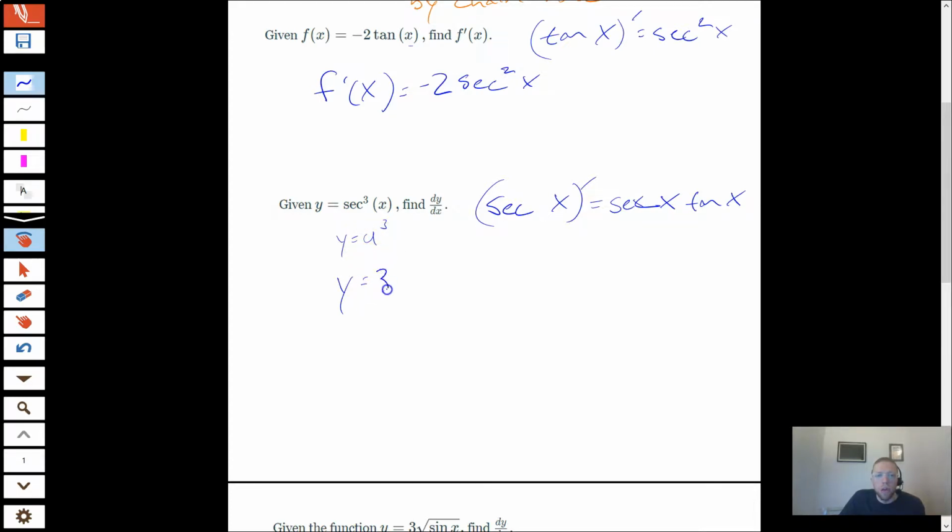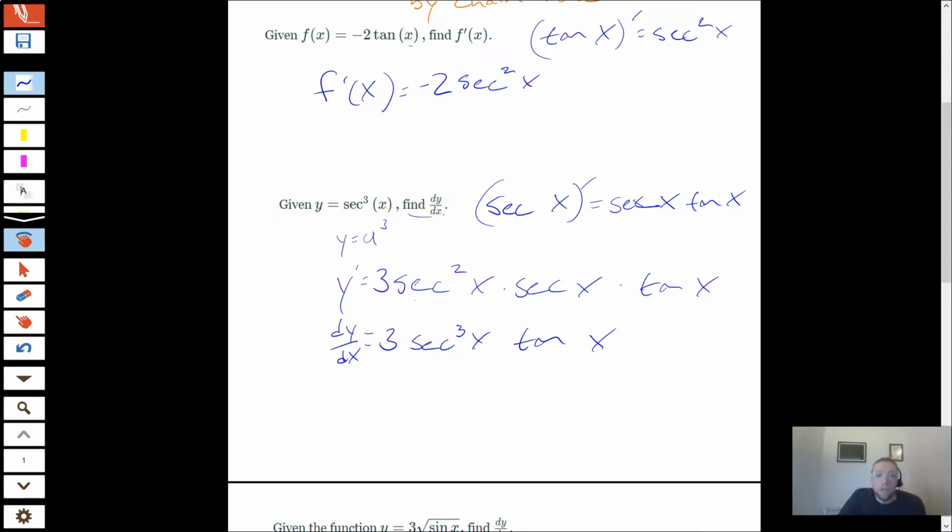So in this case, our derivative, y prime, would be 3 secant squared x times the derivative of secant. So secant is the inside function in this case. So secant x tangent x. Okay. And notice we can do a little bit of simplifying here. So secant squared times secant, well, that's secant to the third power. That's it. And we should call that dy dx, because that's what it tells us to call it, right?